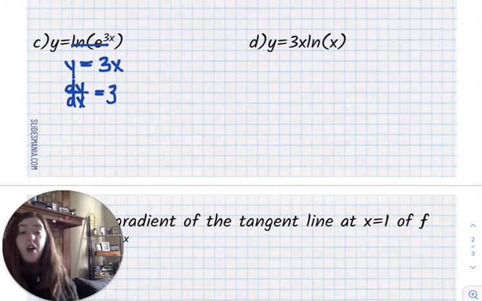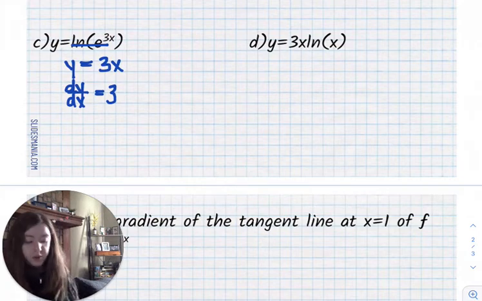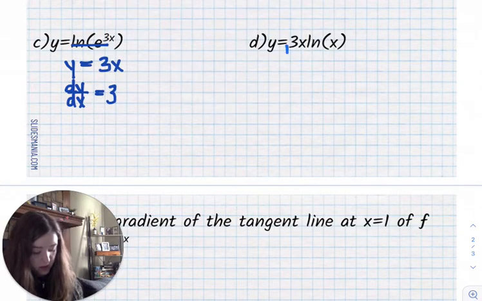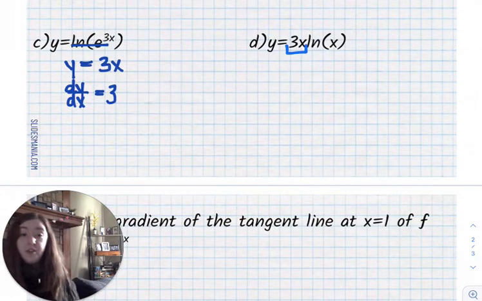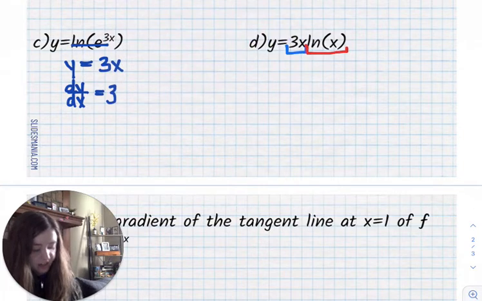All right. Over here on D, we have 3x times the natural log of x. So that means that we have to approach this with the product rule. 3x is going to be our first. Natural log of x is going to be our second.